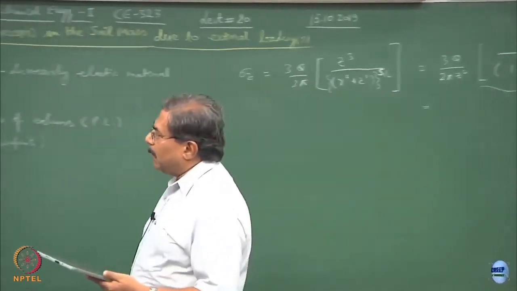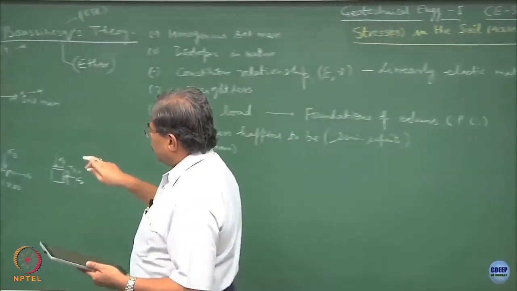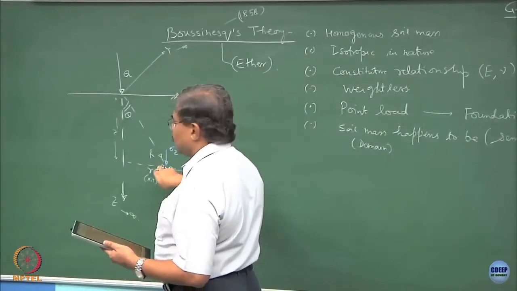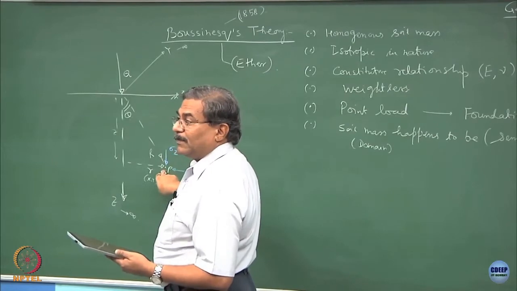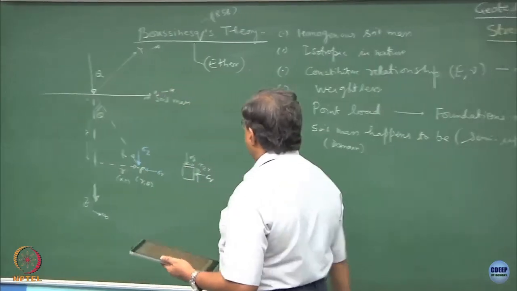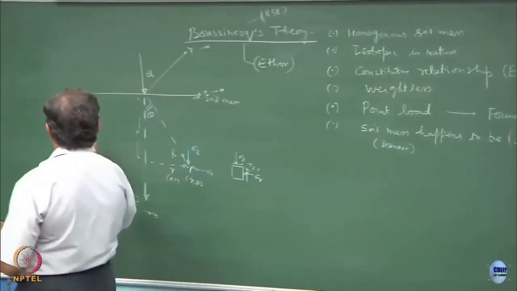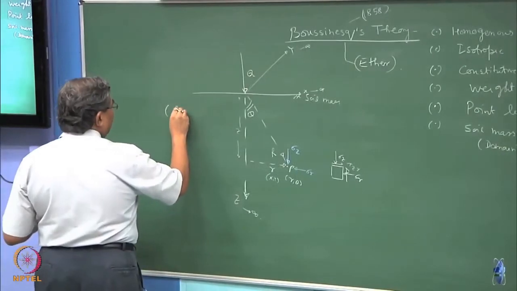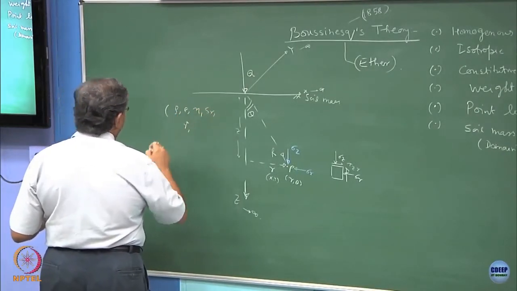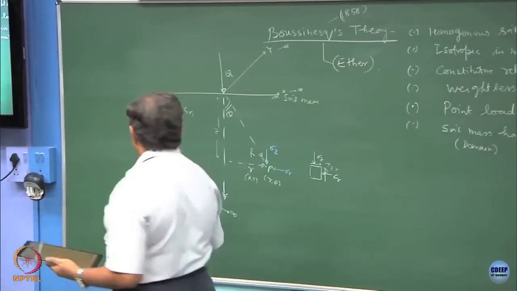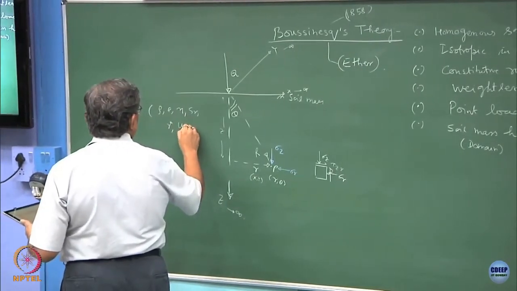I am sure you must be realizing that the state of stress in the soil mass is totally devoid of its properties. What are the properties? Normally we define the properties of the soils or the soil mass as density, void ratio, porosity, saturation, unit weight, pore water pressure, okay.